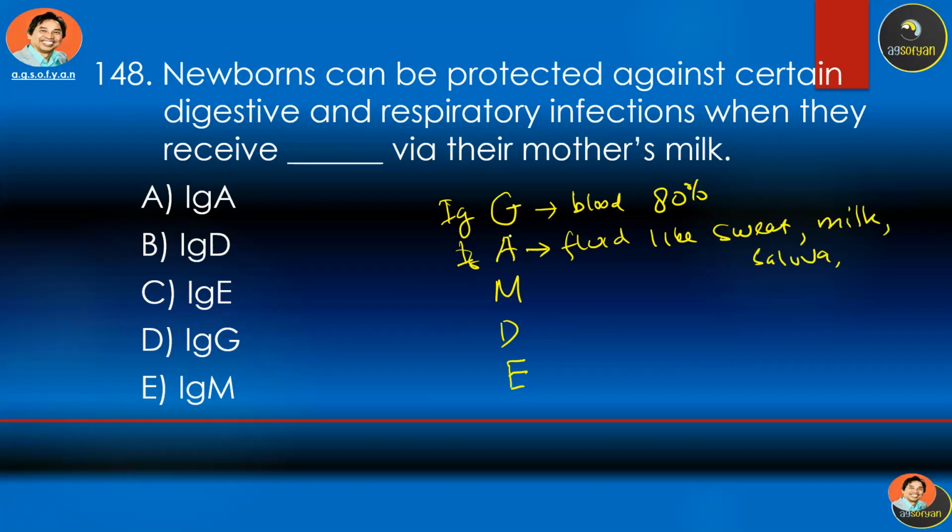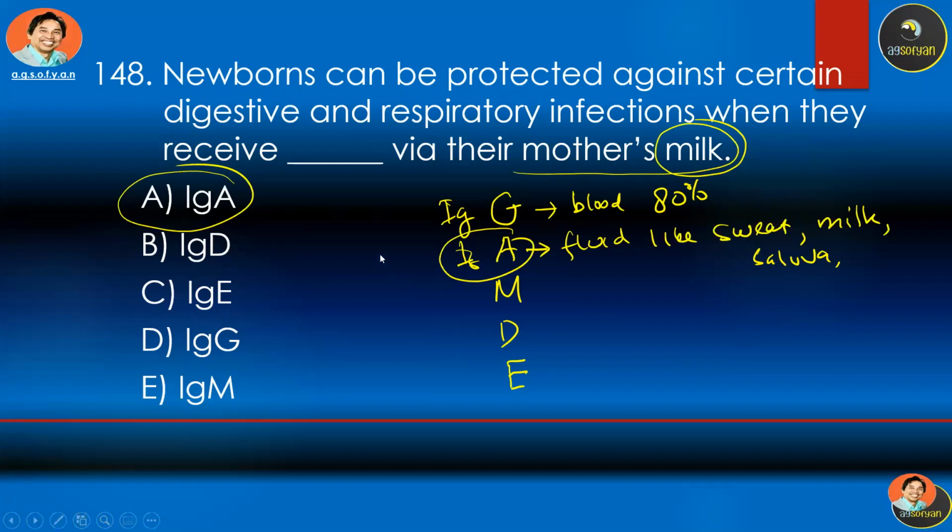So from this, you should be able to answer this question, because the baby gets antibodies from their mother's milk. What type of antibody will be present? It's going to be IgA, because IgA is mostly present in fluid secretions like milk.